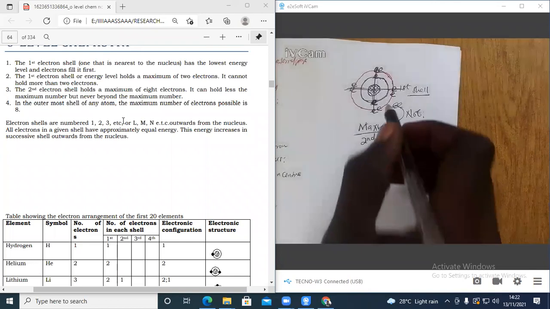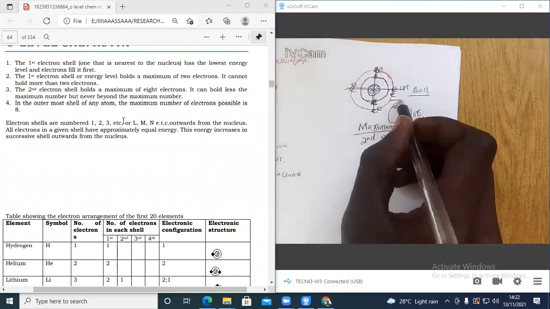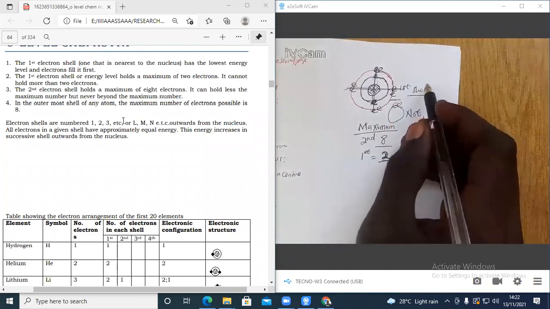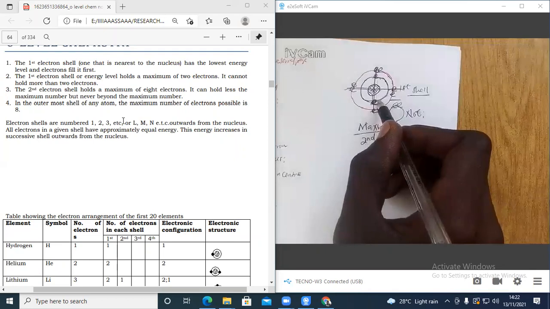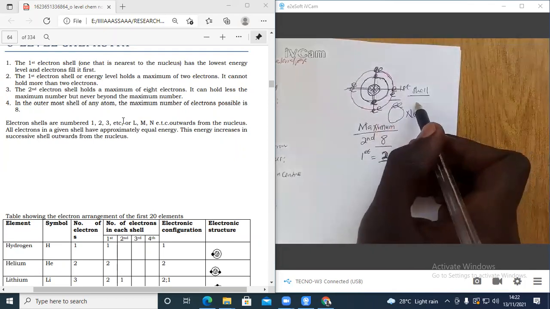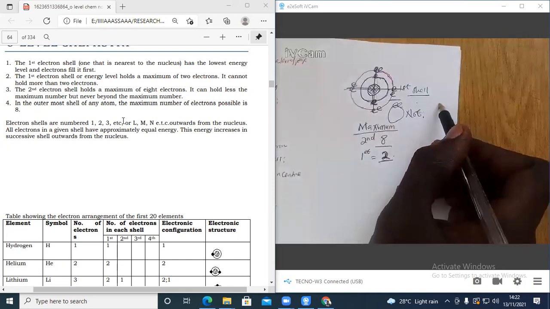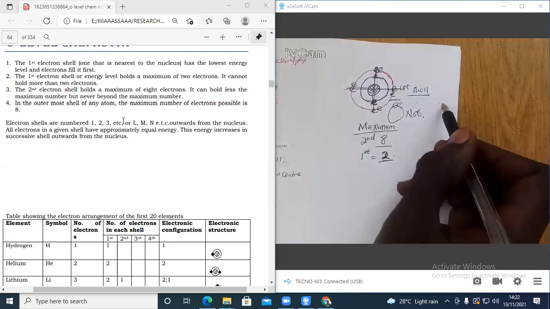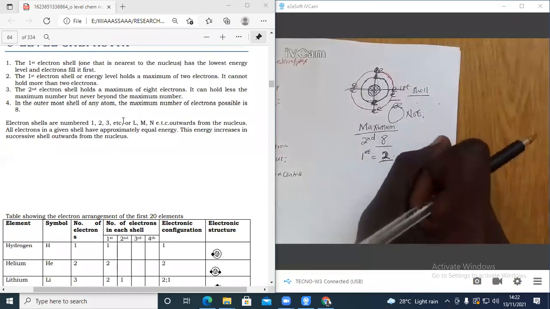Any other electron shell from this takes 8 electrons. The first one can only accommodate 2. The second one accommodates 8. The third one accommodates 8. Then the fourth, 8. Up to the last shell you can write, that is the maximum number it can hold.